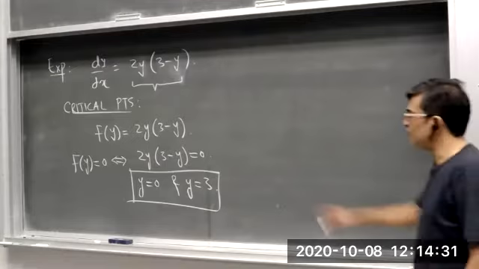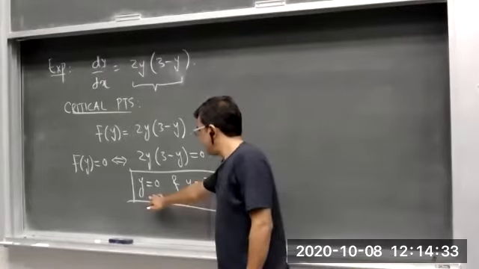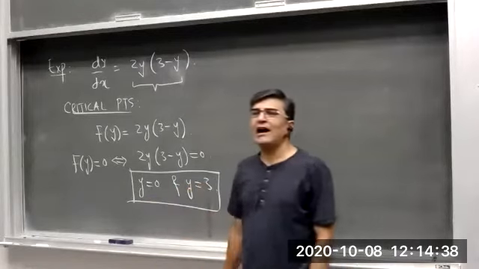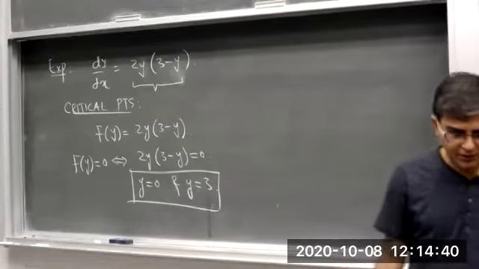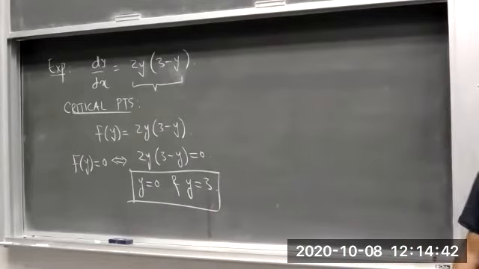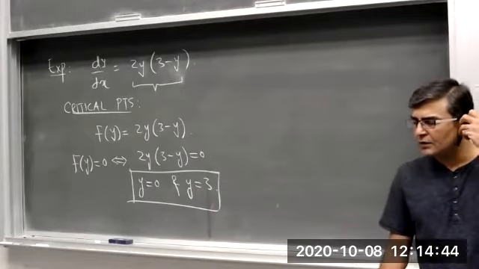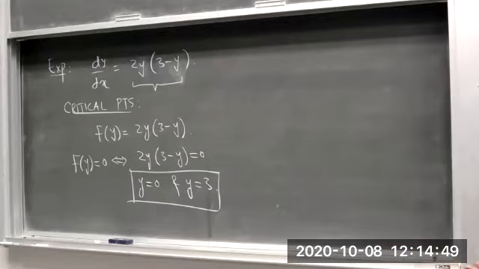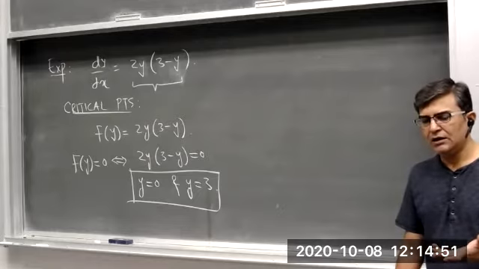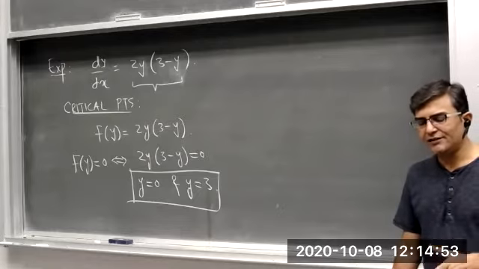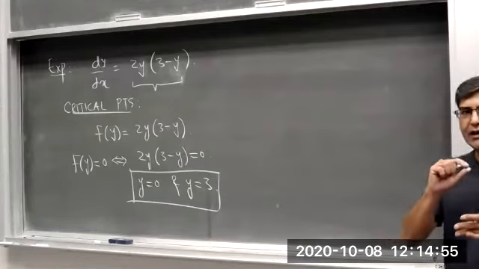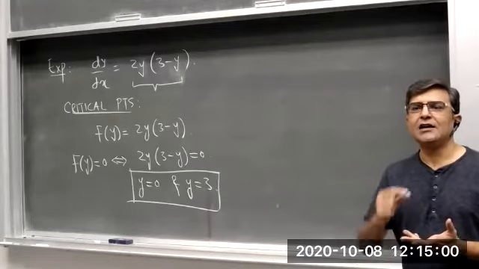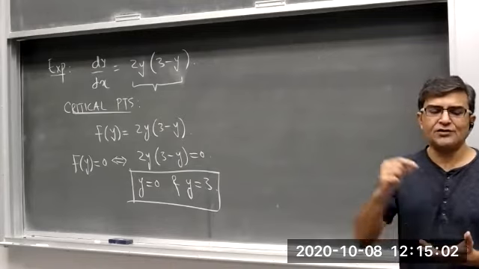So these critical points are very important. They are also isoclines of the given differential equation. I told you what isoclines are in any differential equation. Isoclines are those lines in the direction fields at which, at each point of those curves or straight lines, the slope remains constant.